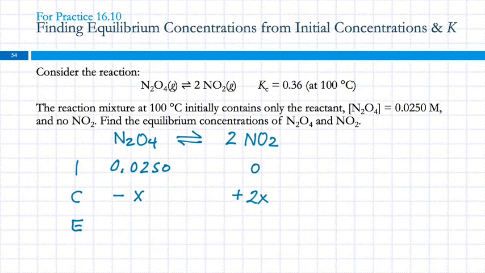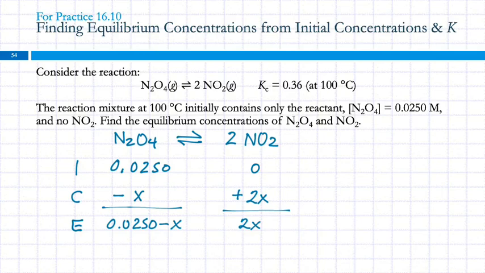Okay, so then I've got 0.0250 minus X, and this is 2X. I just add the I and the C rows, and I get my equilibrium.